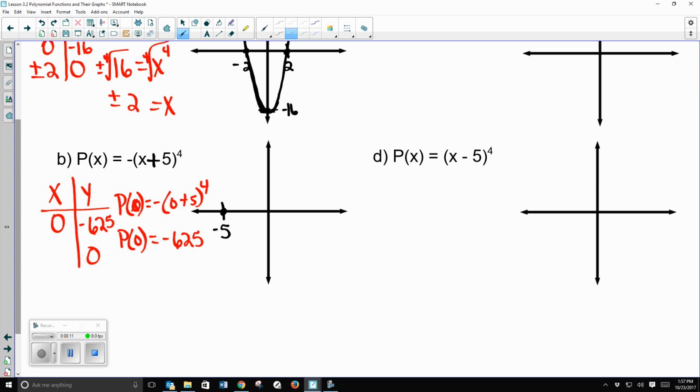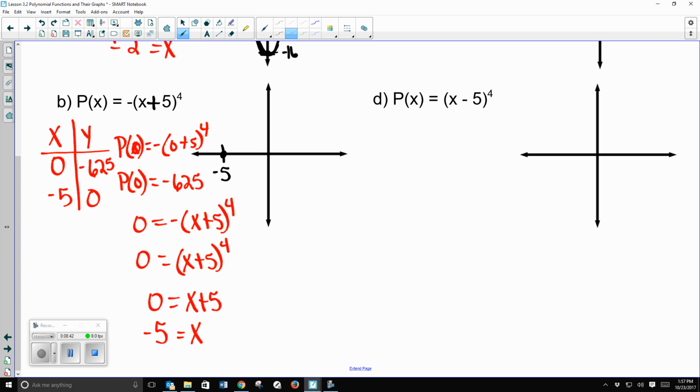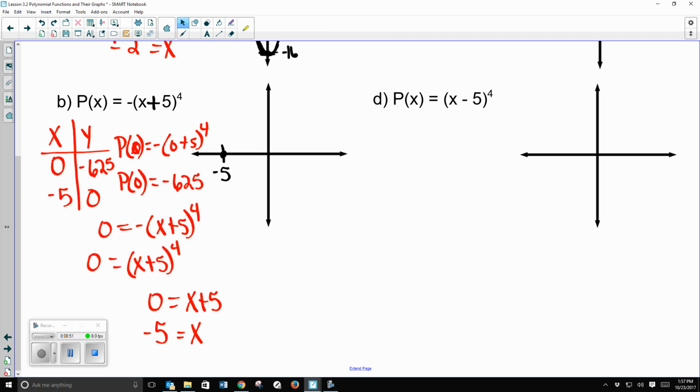If I plug 0 in for y, or p of x, what happens if I take the 4th root of both sides? Does it go away? Yeah. What's the 4th root of 0? 0. 0. Shouldn't I get negative 5? Because that's an x-intercept. Let me move this over so I have room to graph it.